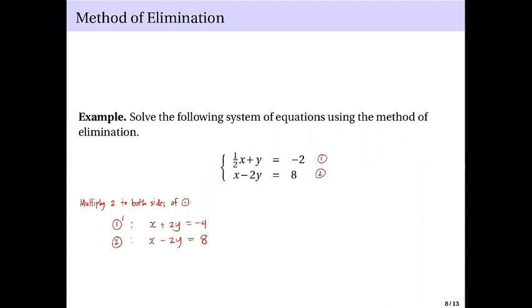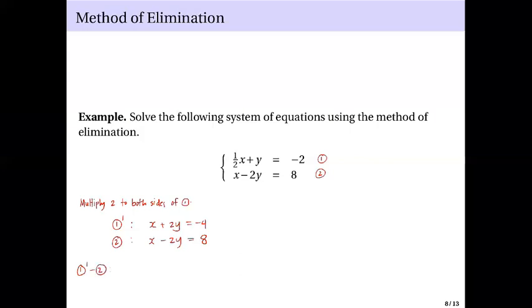Then, to eliminate the variable x, we can subtract equation 1 minus equation 2.